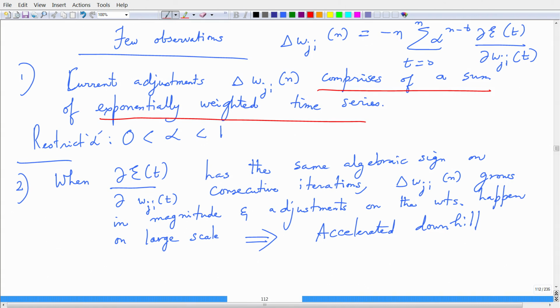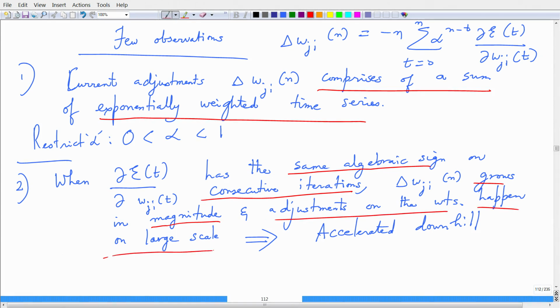So, if this partial derivative of E of t with respect to Wji has the same algebraic sign over consecutive iterations, then Wji grows in magnitude, which is obvious, and adjustments on the weights happen on a large scale, that is you are accumulating mass because of this sum, because you are adding them up, because they have the same algebraic sign. So, this implies we have an accelerated downhill, that is we are going down pretty fast.